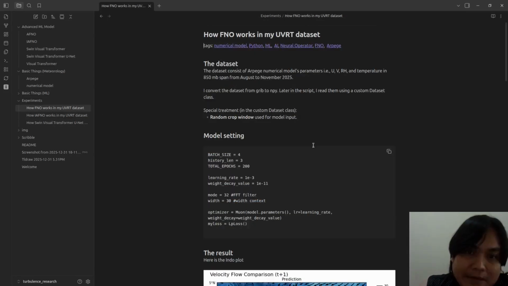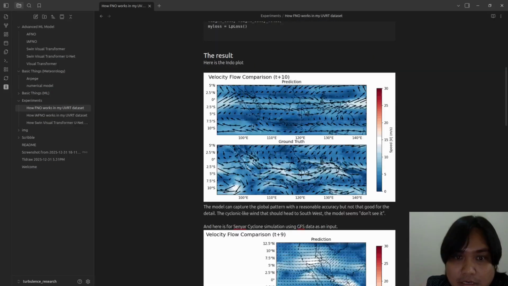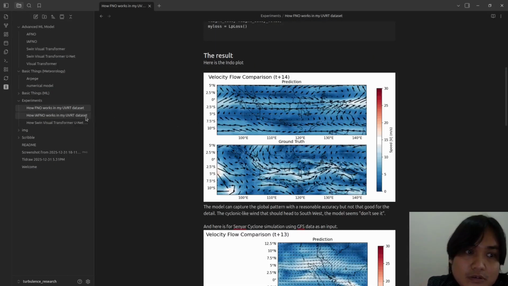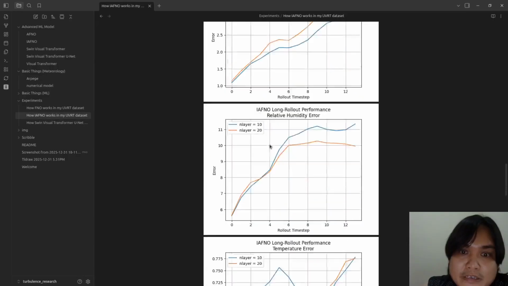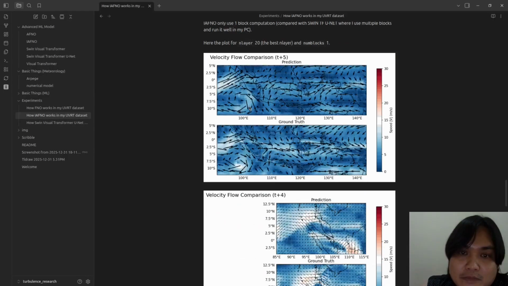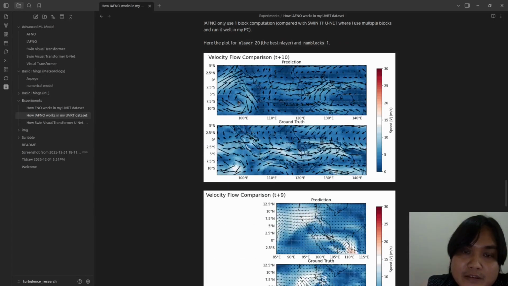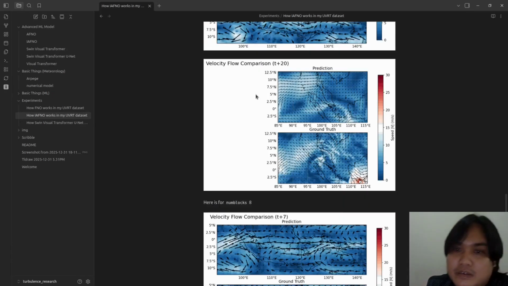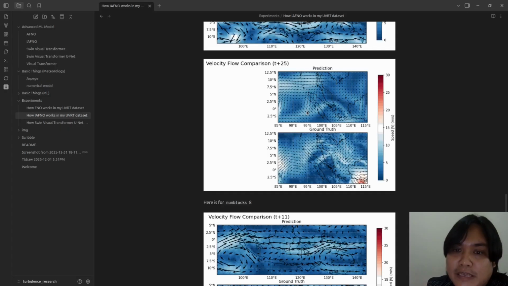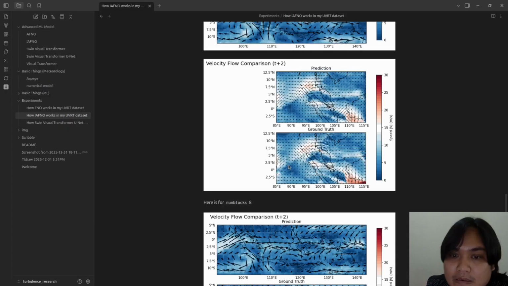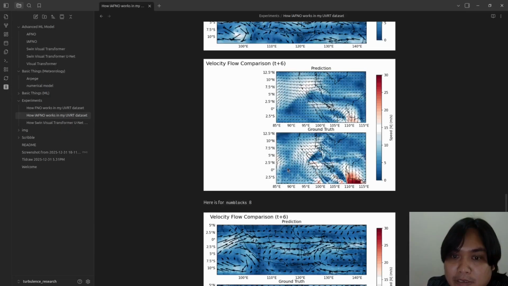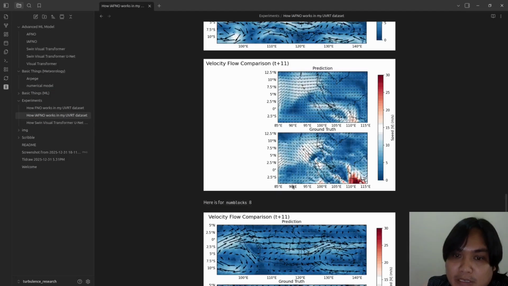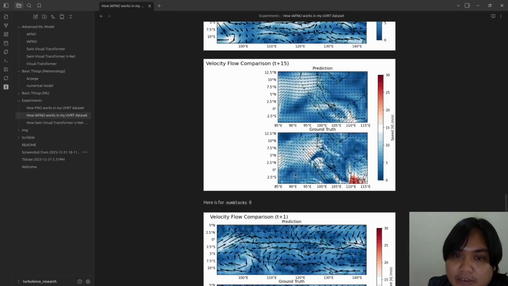In FNO there is no movement at all, but IAFNO successfully captured the cyclonic pattern. But in the Senyar cyclone case, the cyclone must move from here to the lower region here.